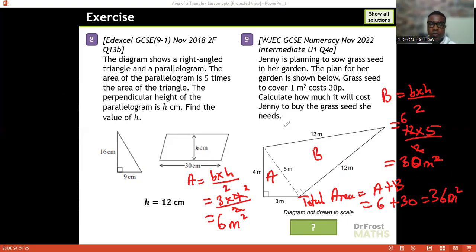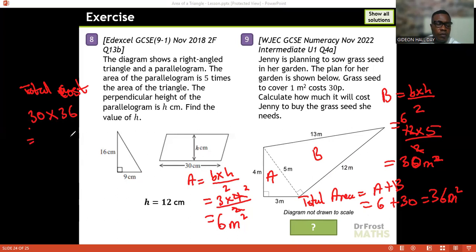But that's not the problem yet. 1 meter square costs 30p, so we need to calculate 36 times 30. So the money, where do we put this? I'll do it on the right. Total cost. That would be 30 times 36, right?